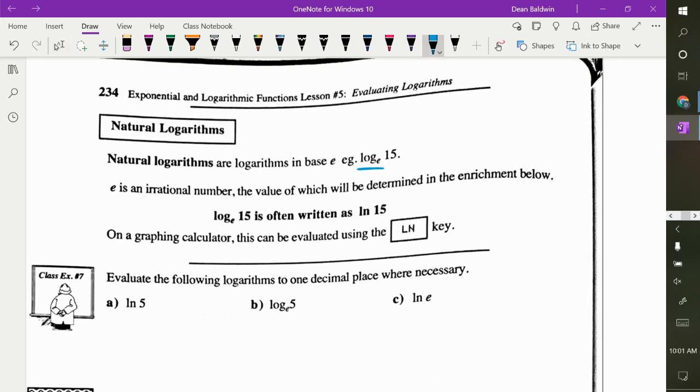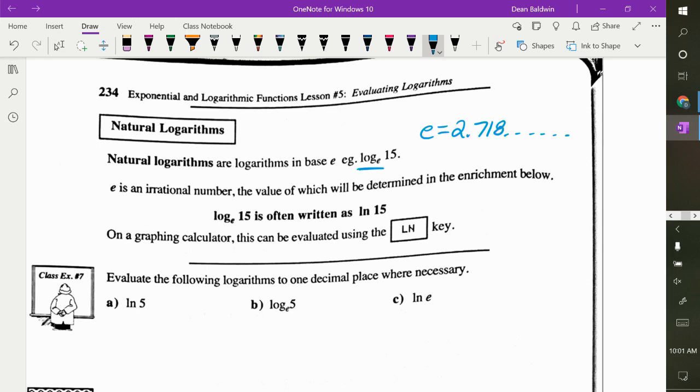E is like pi. E is a number, and it's 2.718, and it goes on forever. The natural log, or base E, shows up in weird places. It shows up in finance a lot and in all these different formulas. So another common log that you will see is the natural log.